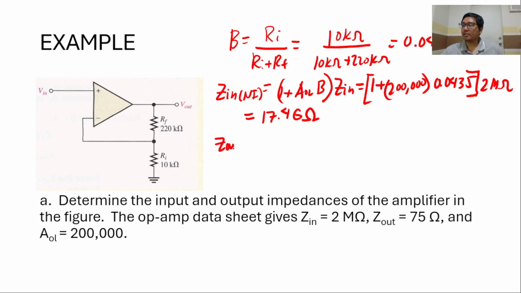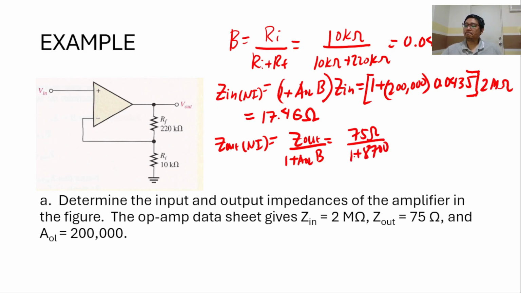Zout of the non-inverting op-amp, that's equal to Zout divided by 1 plus AOL times B. That is equal to 75 ohms divided by 1 plus 8,700.